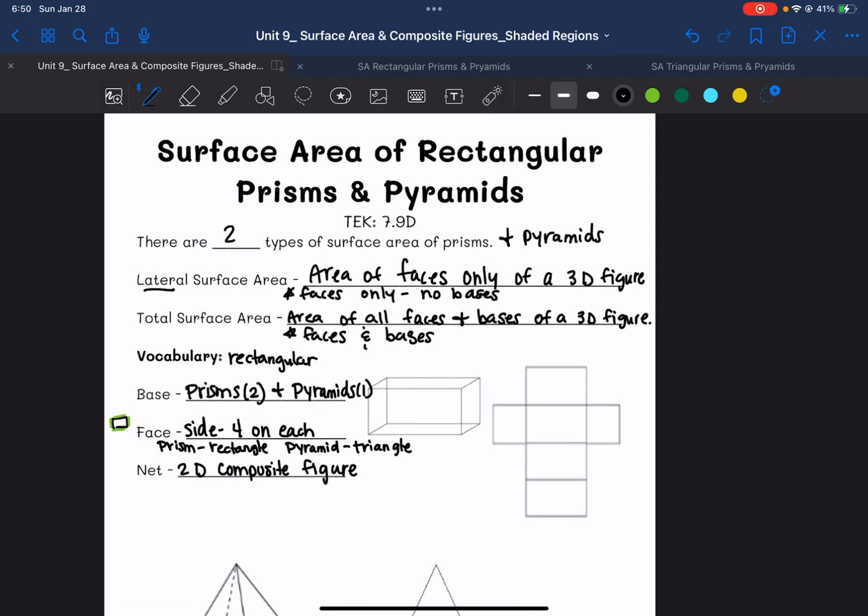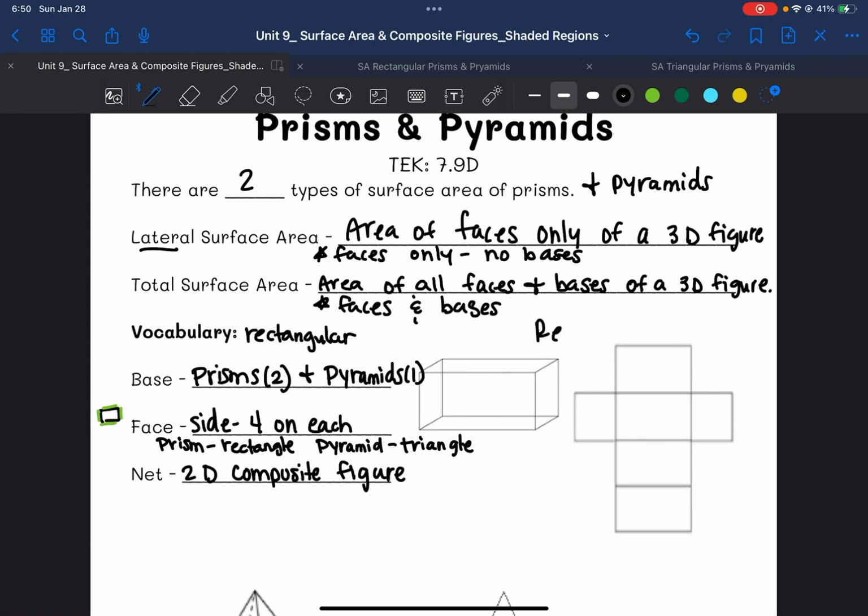Okay, so let's look at this rectangular prism. I'm going to move this just a little bit. There we go. All right, so here, if we look at this one, here are the bases. On this actual picture, the bases are right here.